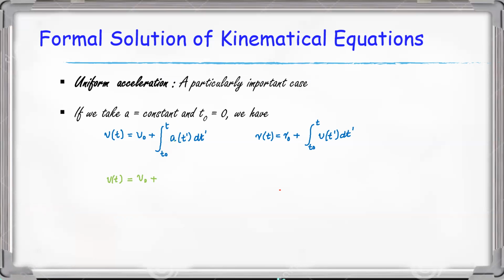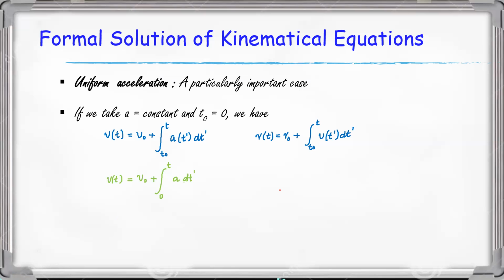Here it changes: we know that a is constant. a does not depend on time, so a can be taken outside. This integration becomes a into the integral from 0 to t of dt dash.